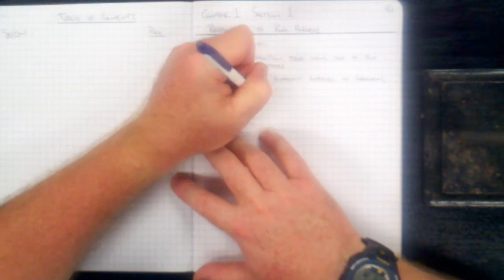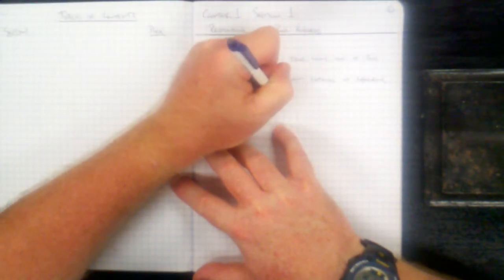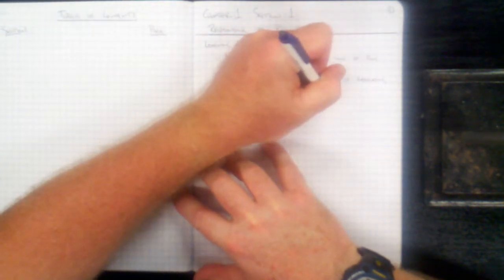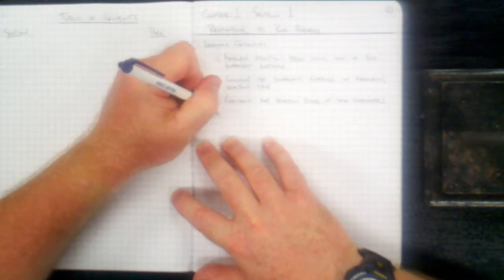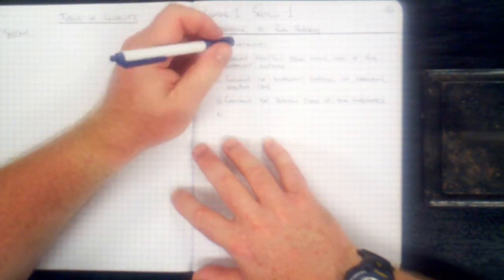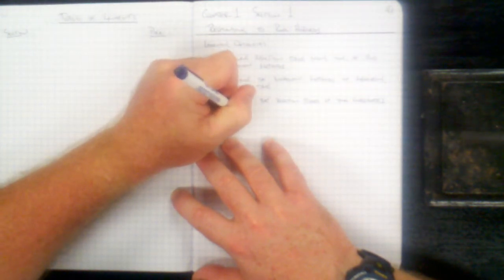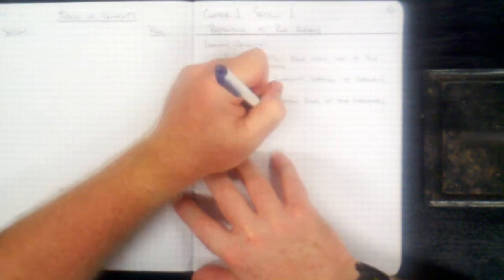Compare the reaction times of classmates. And number 4 is to investigate how distractions affect reaction time. Investigate how distractions affect, that's with an A, affect, reaction time.